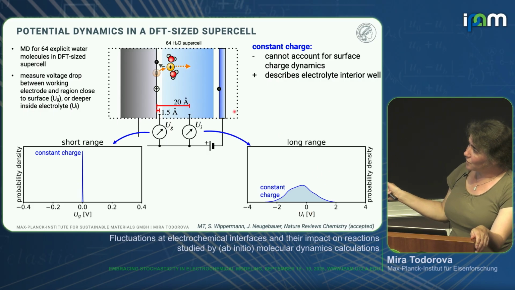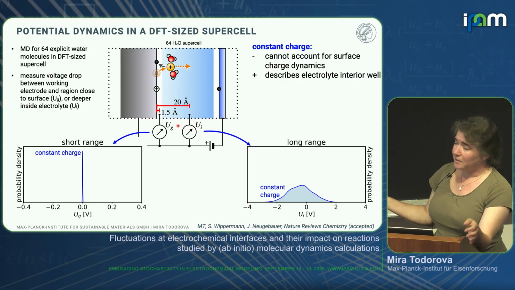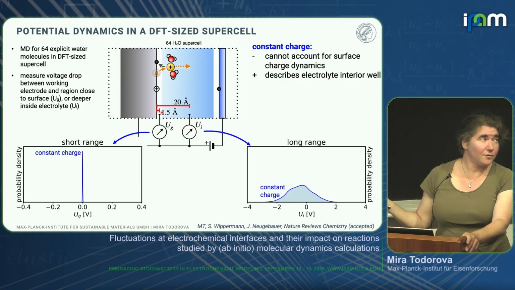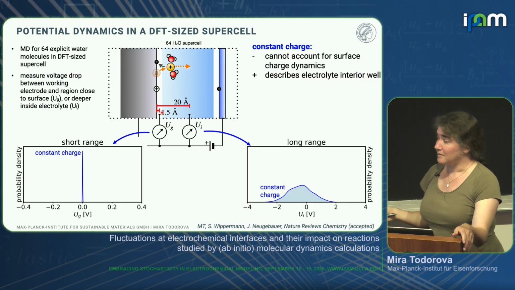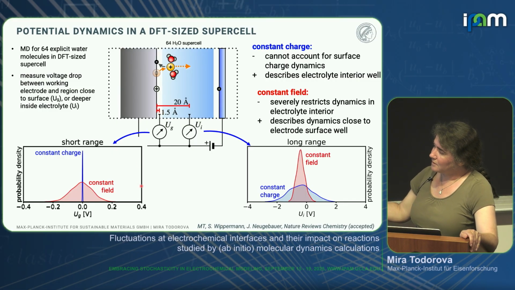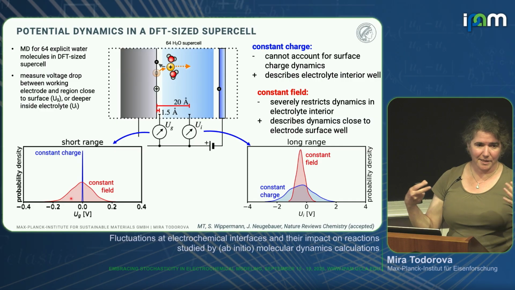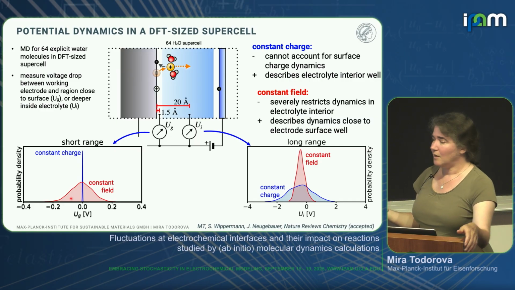So in this condition, we can describe the interior of the electrolyte rather well, but when we go to the interface, this is not the case. Now, if we go to the constant field conditions, we see that close to the interface we get a distribution as one would expect, so we are describing the system well.